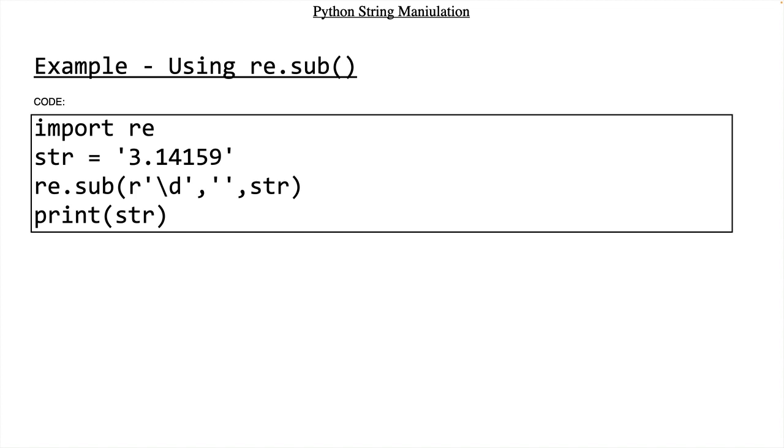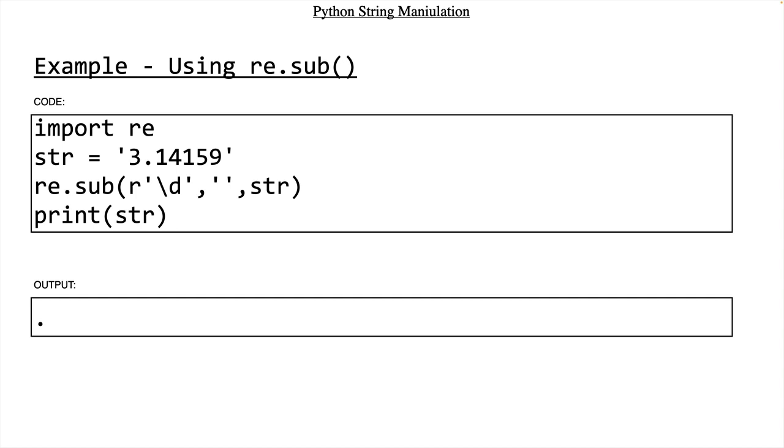If we were to do that, it's going to result in a period. It's basically going to remove all the digits. And the reason that happened is because the default on the sub method is to do every occurrence of the regular expression.